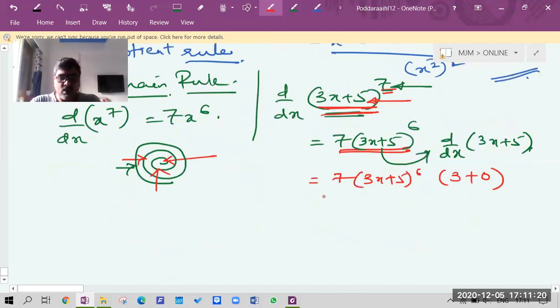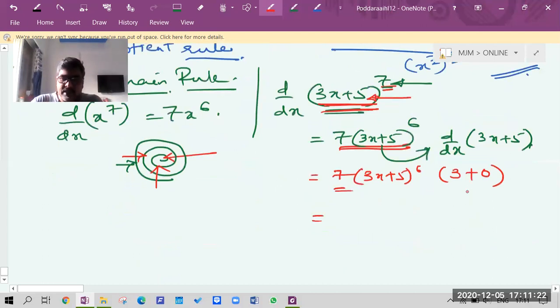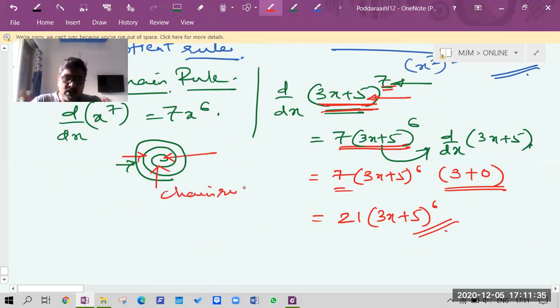My final answer works out as 7 threes, that is 21, into (3x plus 5) raised to 6. That is precisely the chain rule. So you connect yourself with the chain rule in this way.